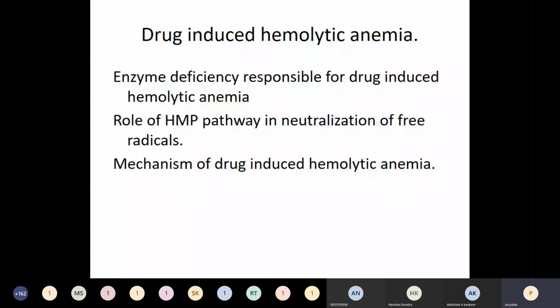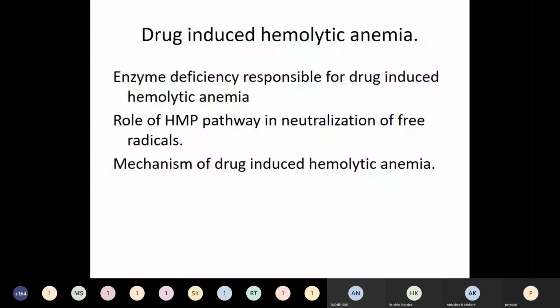This is a very important point you have to remember. This enzyme, glucose 6-phosphate dehydrogenase, is an NADP dependent enzyme, and it converts NADP to NADPH.